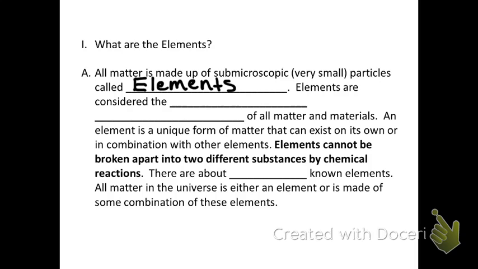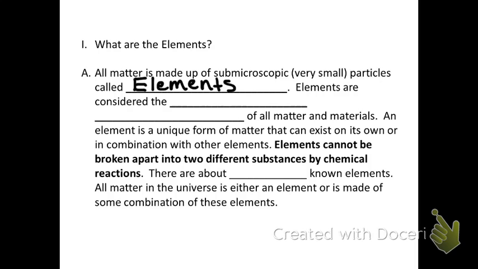Okay, so what do we mean by submicroscopic or very small particles? Well, what we're referring to is particles that cannot be seen with the visible eye, nor can they be seen with a regular light microscope. In fact, we have to have very, very special microscopes to even begin to glimpse at the surface of elements. So we call them submicroscopic.